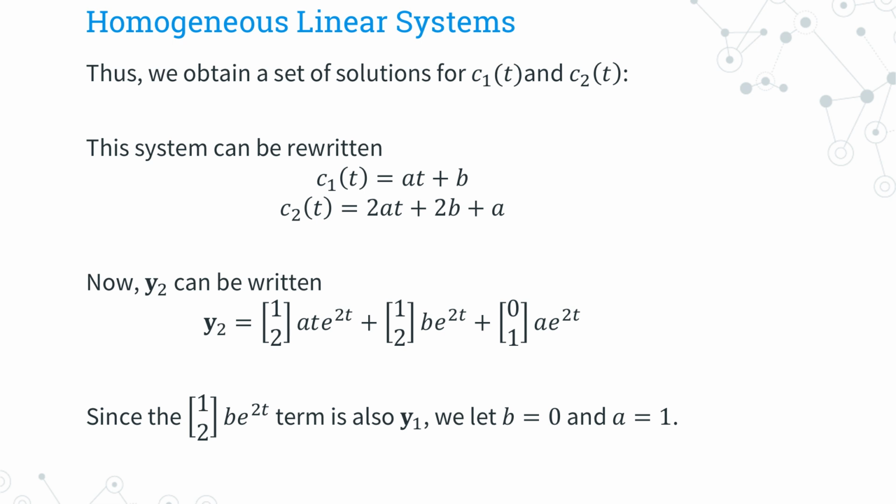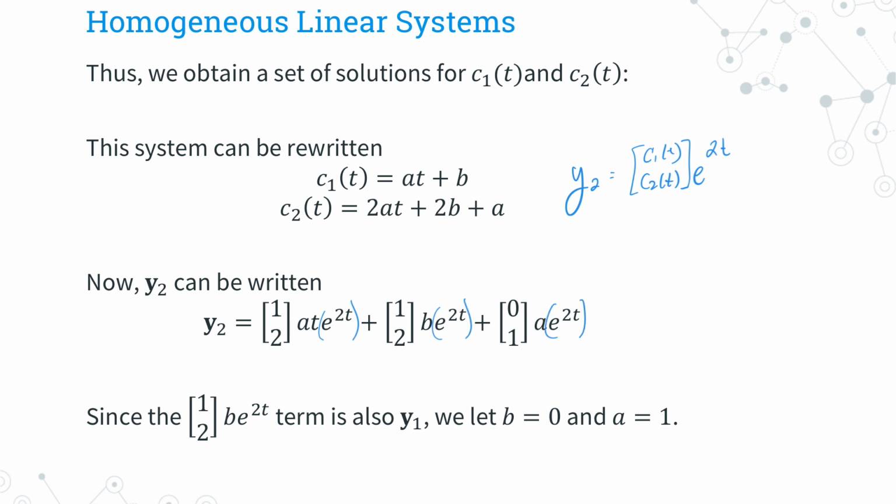For those of you unfamiliar with linear algebra and wondering where this came from, we are looking at our coefficients here. And remember, we're looking at a y2 of the form c1 of t, c2 of t, times e to the 2t, which is where this e to the 2t came from.